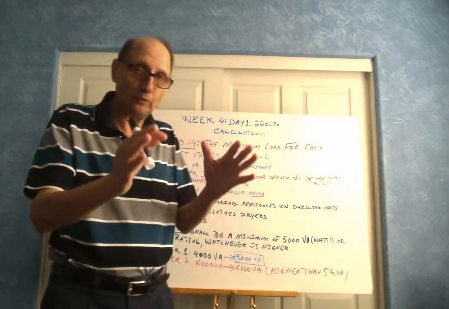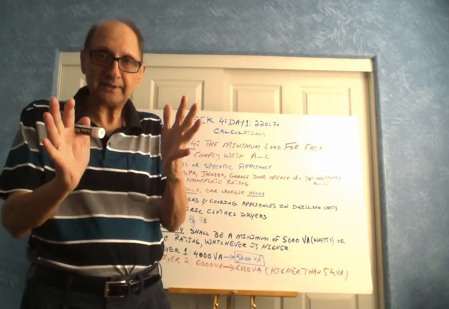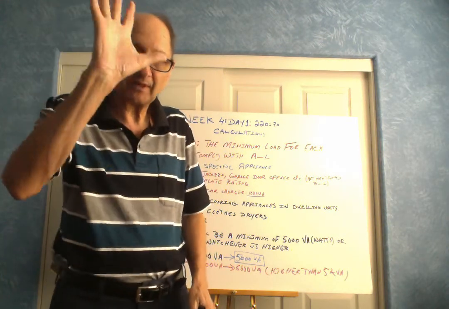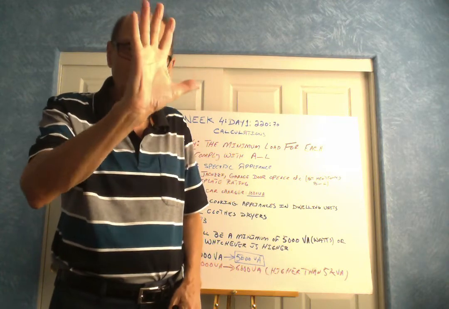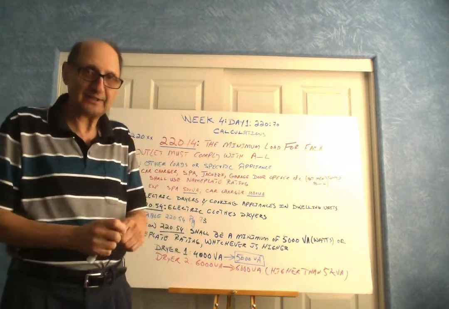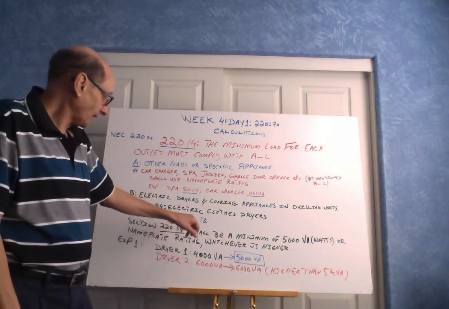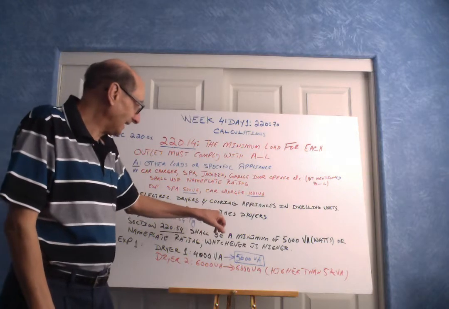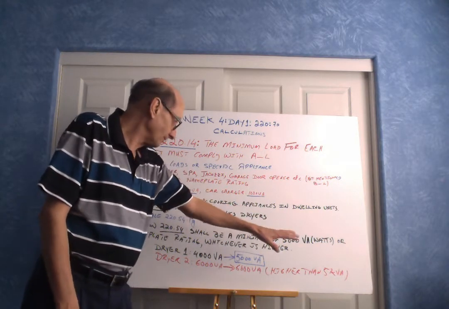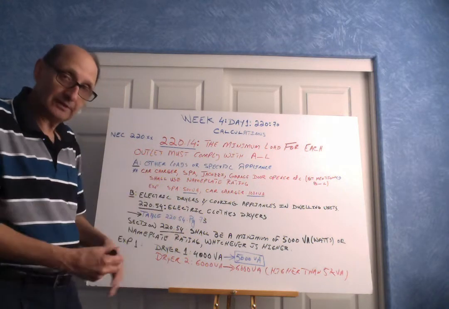So according to article 220.54, you need to keep in mind that the minimum value for your electric clothes dryer is 5000 volt amps or 5000 watts. That's the minimum. That's what they are saying. So section 220.54 shall be a minimum of 5000 watts or volt amps or nameplate rating, whichever is higher.